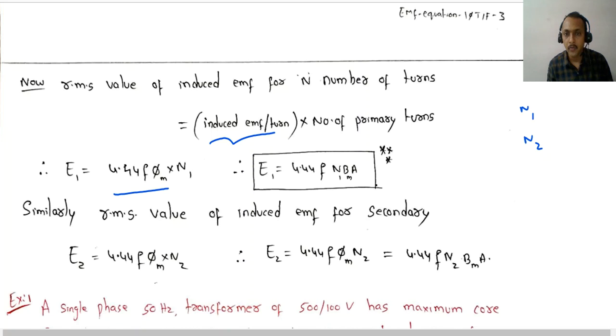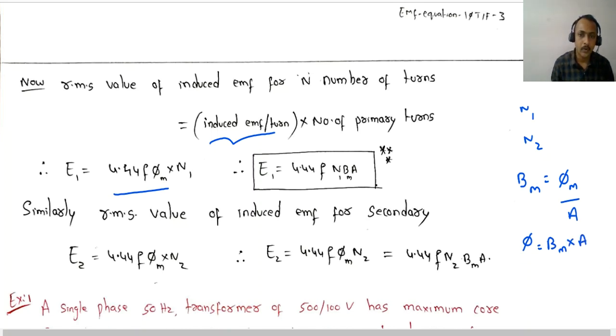But maximum flux density Bm is given by maximum flux per unit area, so in the place of phi m we can write phi m equal to Bm into area. So E1 equals 4.44 f N1 Bm A.